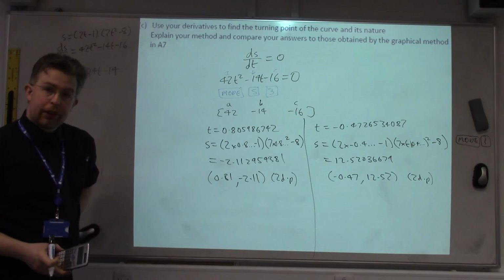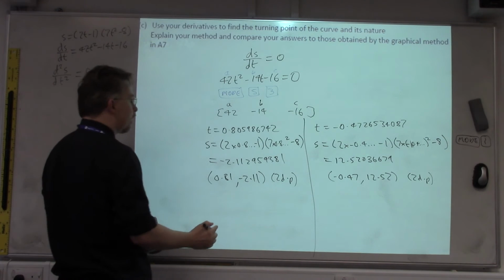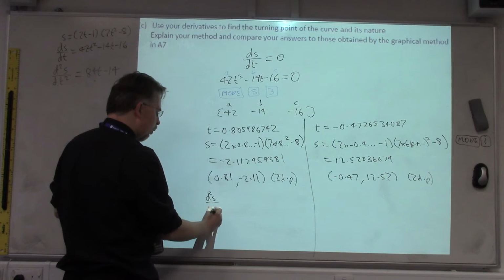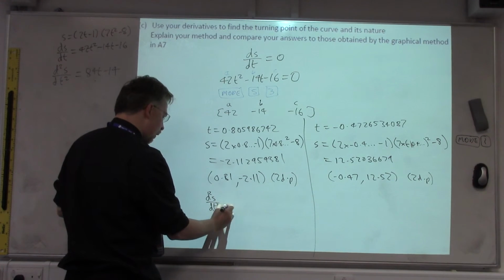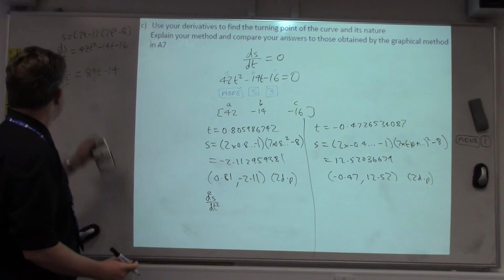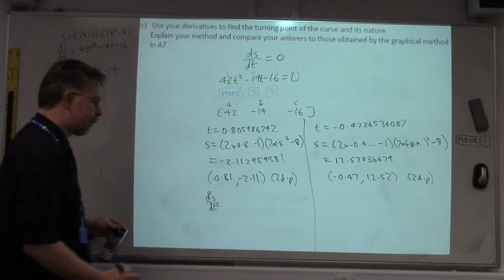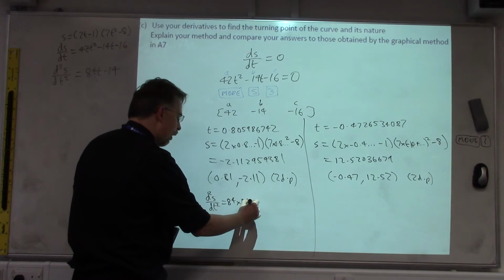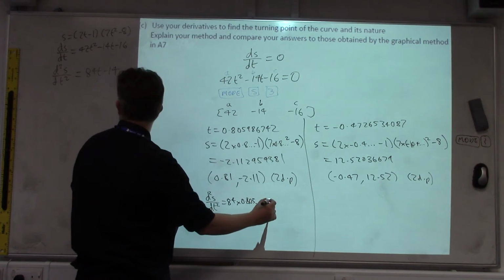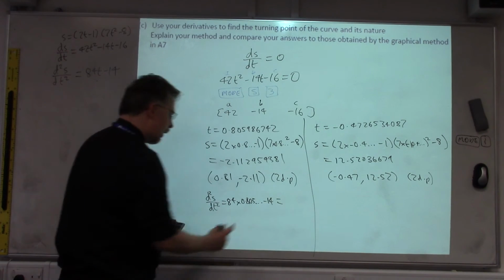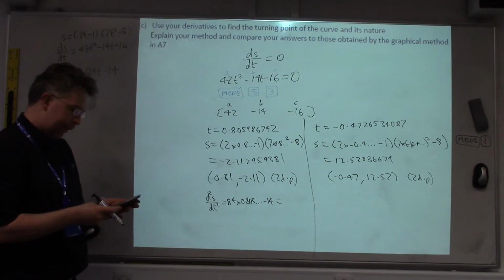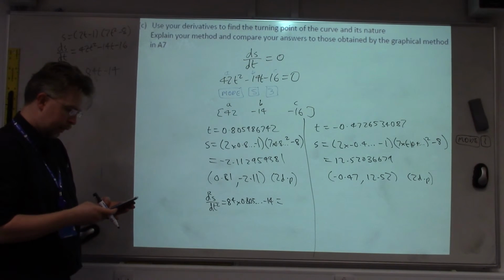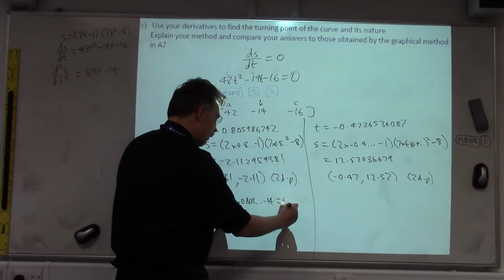We need to do a second derivative test to test which type of points they are, so we need to stick our values into d2s over dt squared. That's our formula, 84t minus 14, so 84 times 0.805, minus 14, equals, stick it on the calculator, and we get a positive number.